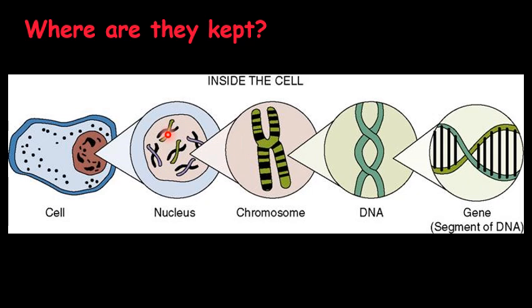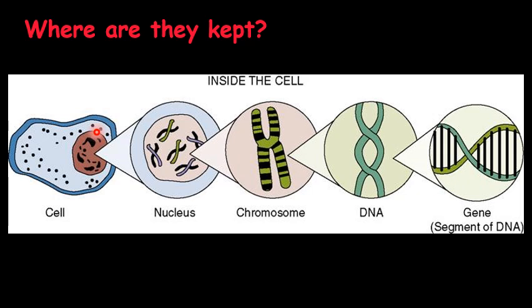Then, when you observe each chromosome closely, you can see that the chromosome is completely made up of DNA and also wrapped around with proteins. When you observe this DNA closely, particular segments or parts of the DNA, or genes, code for the traits.